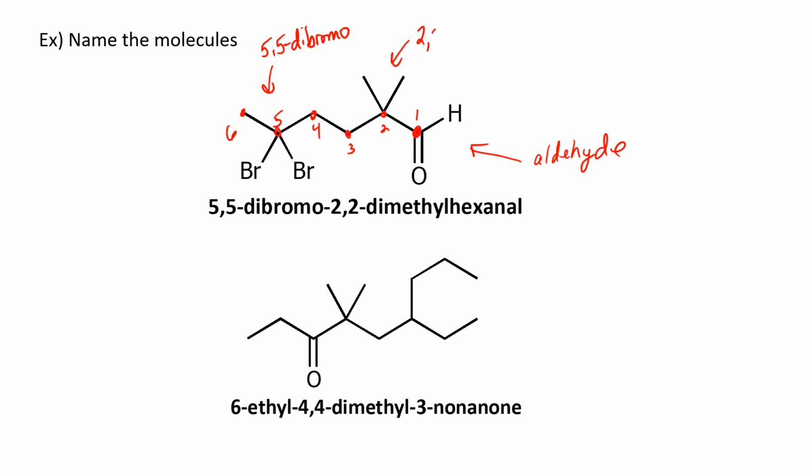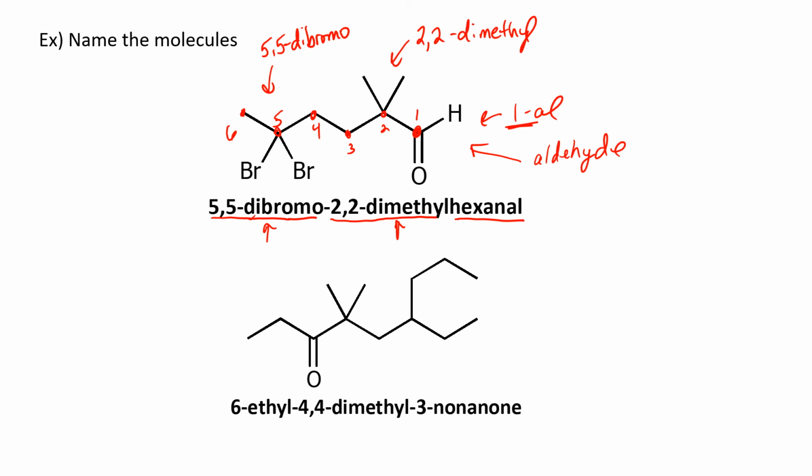We've got a 2,2-dimethyl. And that's a 1-al, which you don't have to include because the rule says that it has to be number 1. So let's put it together. 5,5-dibromo. The B beats the M, so that's a 2,2-dimethyl. Hexanal.